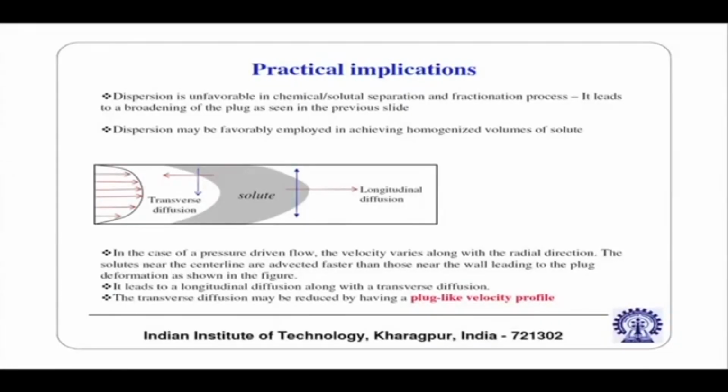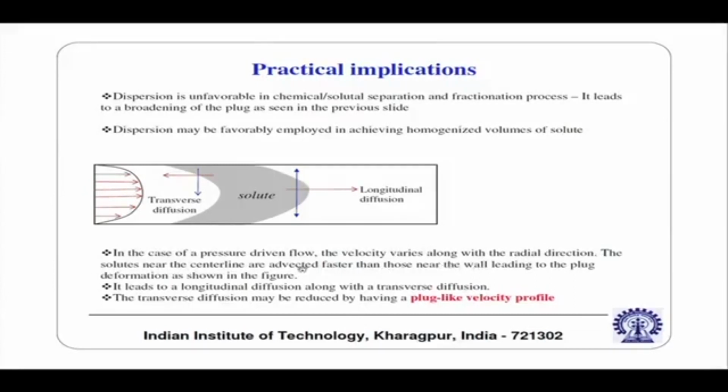However, dispersion may be favorably employed in achieving a homogenized volume of the solute. If you want uniformity in the solute concentration, then diffusion helps in mixing; the dispersion helps in mixing. Not only that, you also have to consider transverse diffusion, and not just diffusion of species but diffusion of momentum. In a pressure driven flow, the velocity varies along the radial direction.